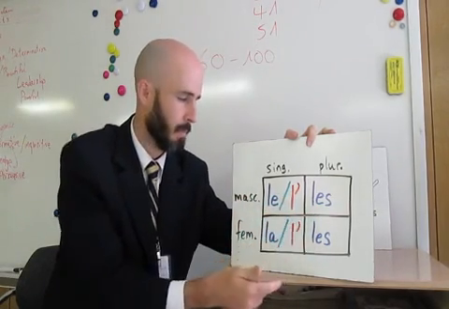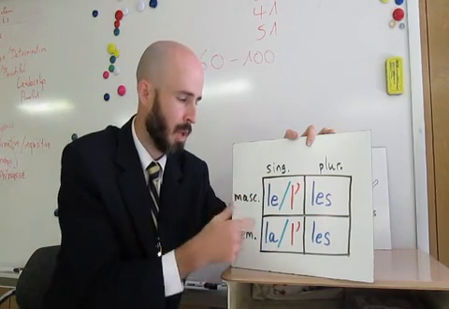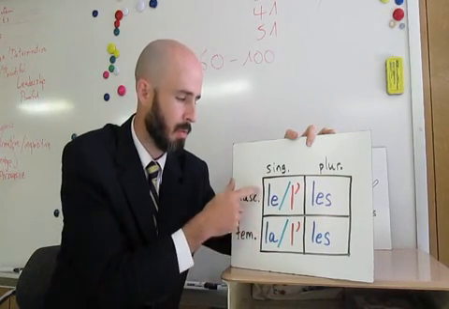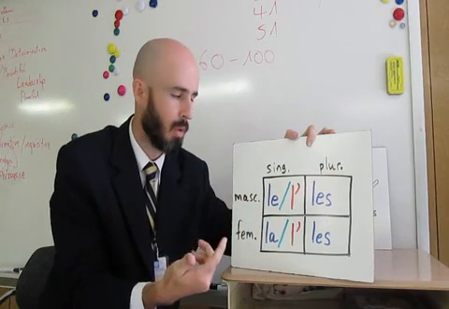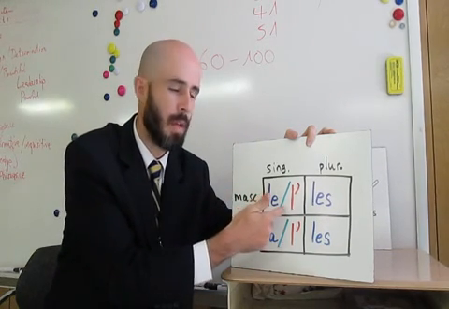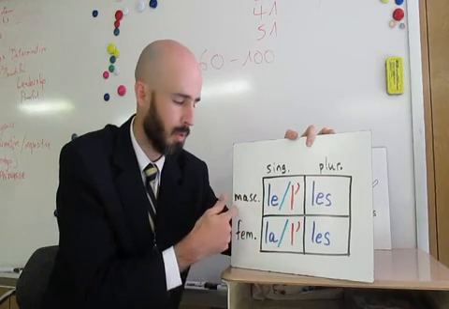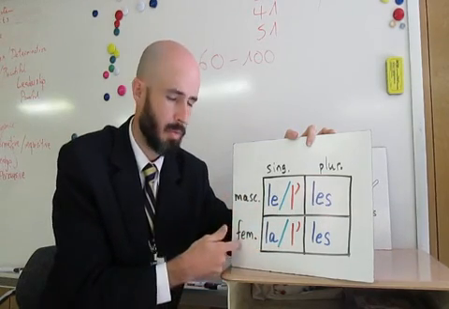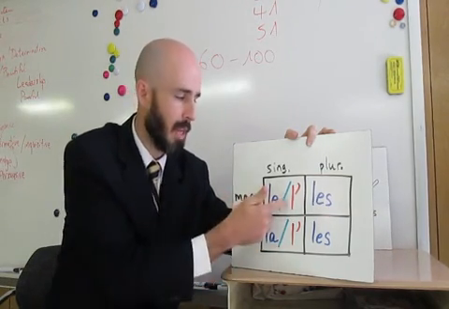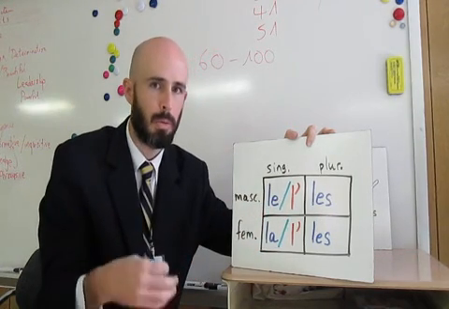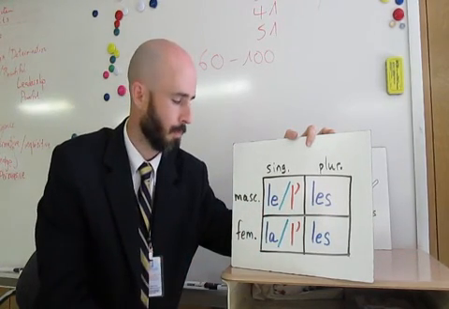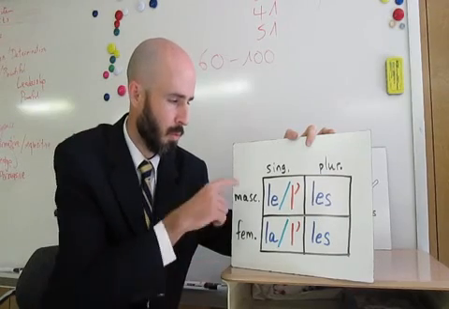But notice also, if we have a singular noun that starts with a vowel sound, we use not le, but l' if it's masculine, and l' if it's feminine singular. So l' if the noun starts with a vowel sound. Those are the forms of the definite article.